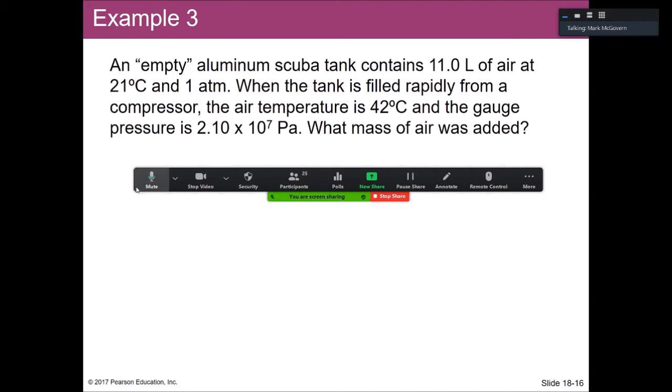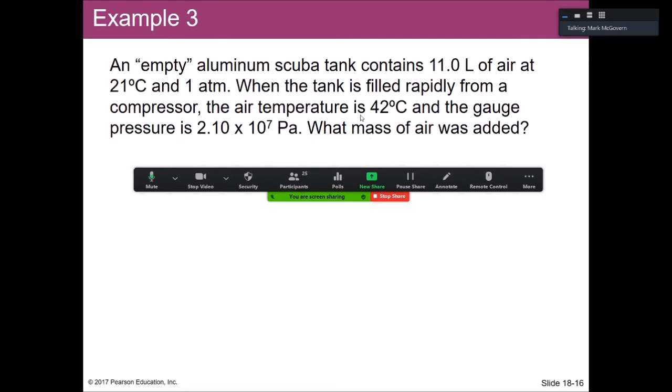Now, gauge pressure, if you maybe remember from way back in Physics 110, was the pressure minus atmospheric pressure, which would be minuscule here because atmospheric pressure is only about 1 times 10 to the 5th, so it really wouldn't matter if you use it or not. But if you're given gauge pressure, you want to realize that it's just the pressure in addition to atmospheric pressure. We want to know what mass of air was added.